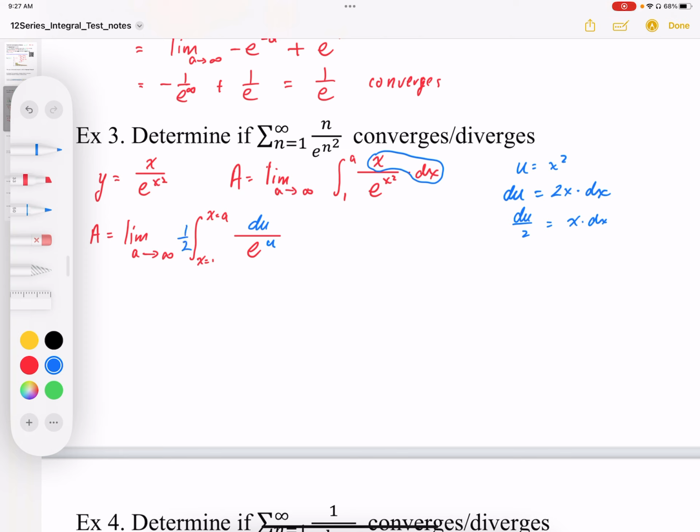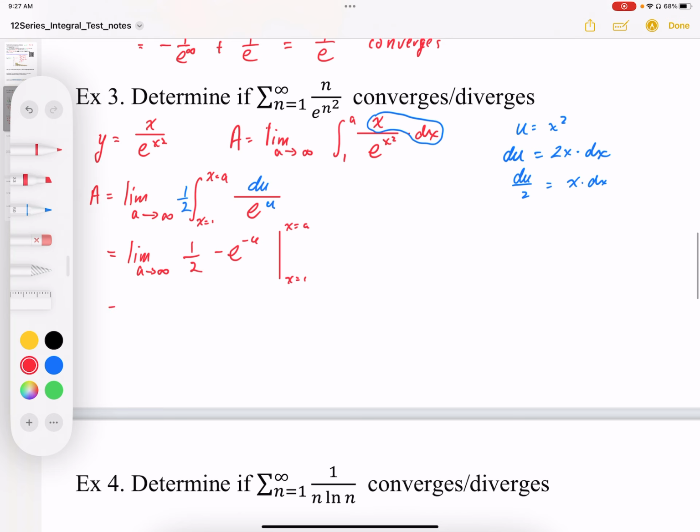Okay, so now we can just integrate this, so we end up with the area as the limit as a approaches infinity of 1/2, and this is going to integrate to e to the negative u, since the power is negative u. I just account for that extra negative, so we're going to put that negative in front like that, for the bounds x equals 1 to x equals a.